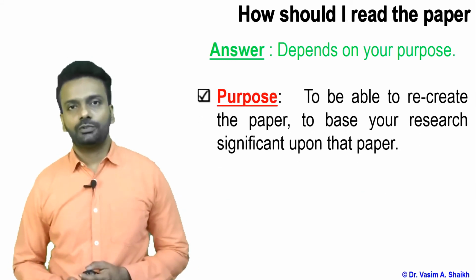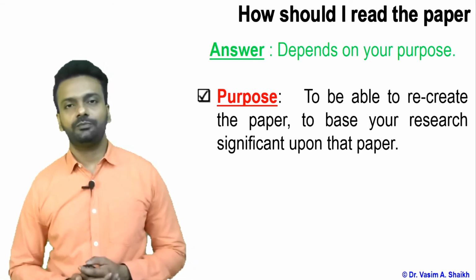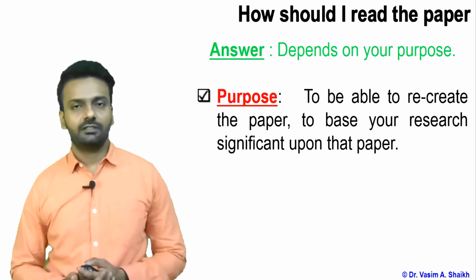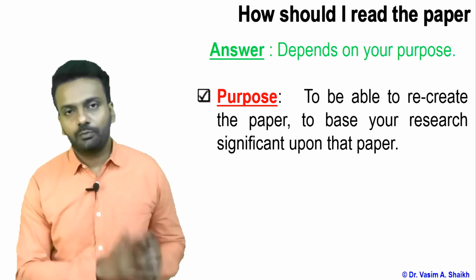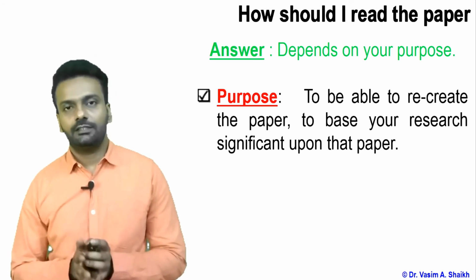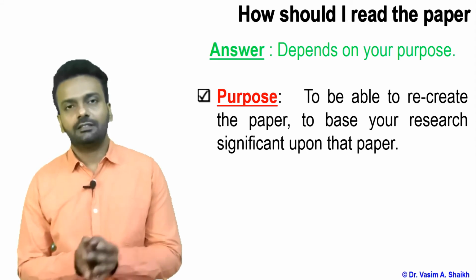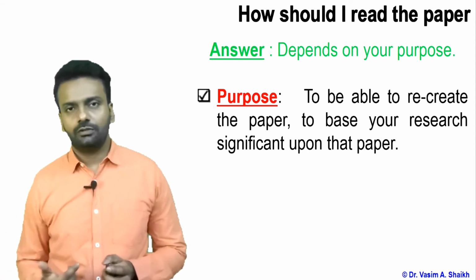Then suppose you want to recreate the paper. Most of the time, in some preliminary studies, what we do is recreate some set of data which is already published in the literature. If we do that, we get the results, and then we see whether that result is the same as our result, and then we can build upon our research based on those results.